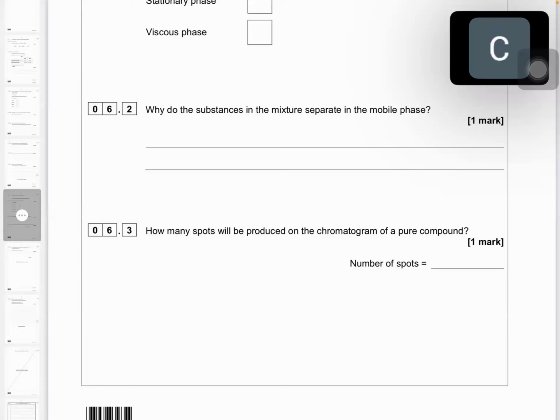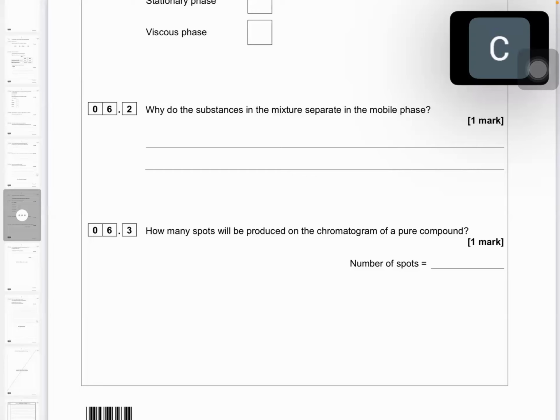Yeah, it's a pure compound, so there's nothing else combined with it. So if you are saying how many, I would go with one. Yes, it's just one.